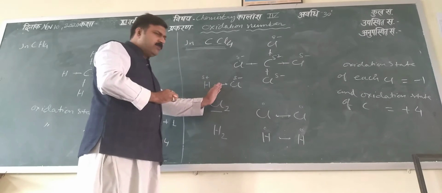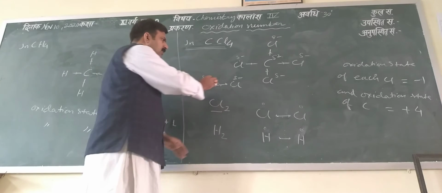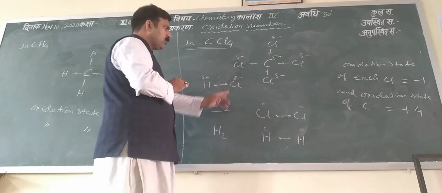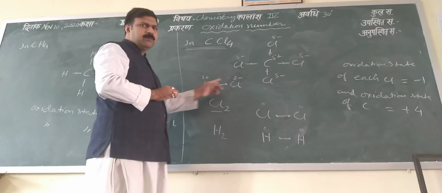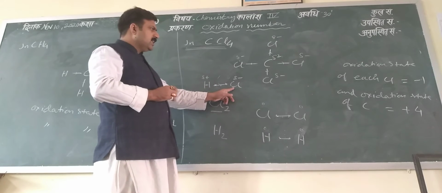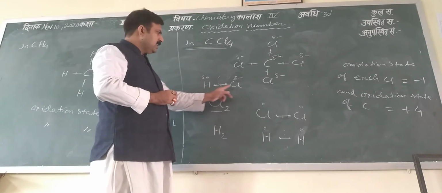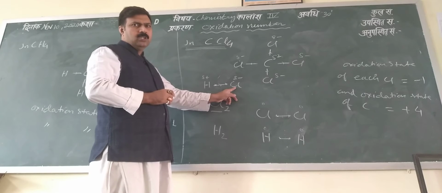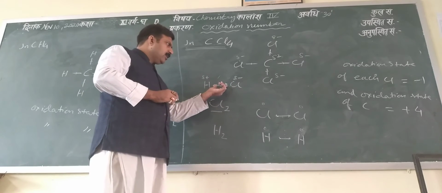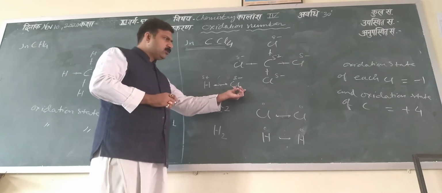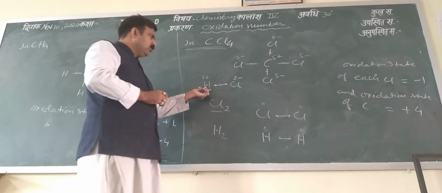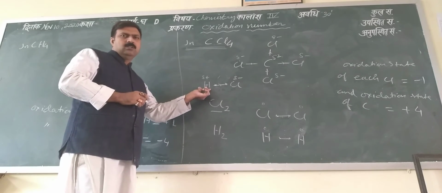And if this bond breaks, both electrons will transfer towards the chlorine. So chlorine will become negative, hydrogen will become positive. So the oxidation state of chlorine in HCl will be -1, because if the bond breaks, the shared electron pair will transfer towards the more electronegative atom, that is chlorine, and hydrogen becomes +1.